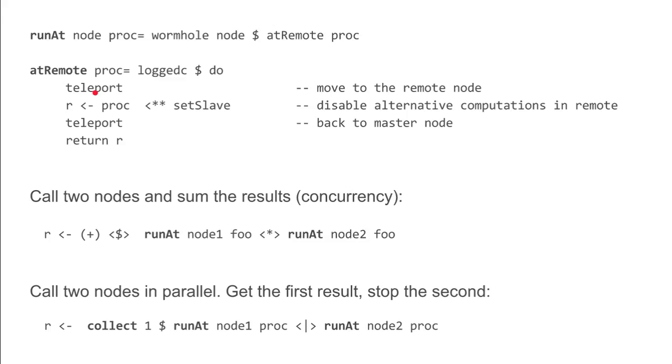We need to execute proc in master mode because proc may have many alternative computations. What set slave does is to signal alternative operators, not to compute alternative operators, because if we don't have this, the remote node will think that it is the master node and execute every alternative computation that it finds.